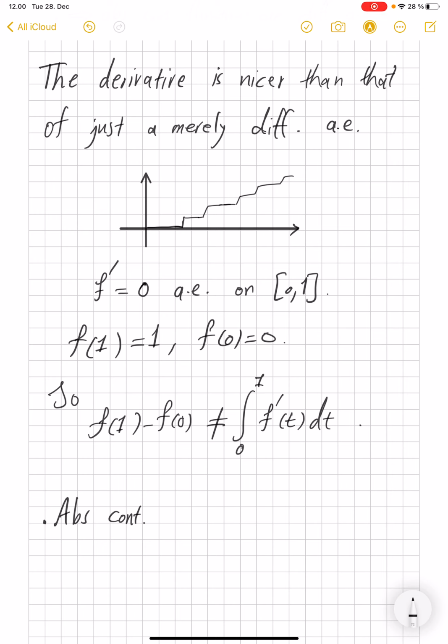In other words, we can characterize them by this condition.